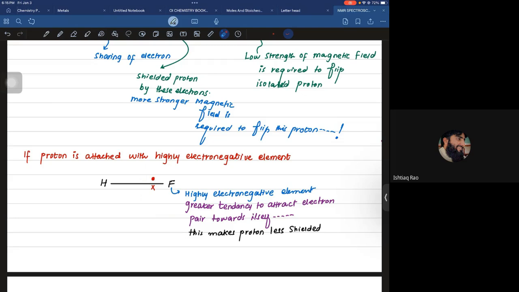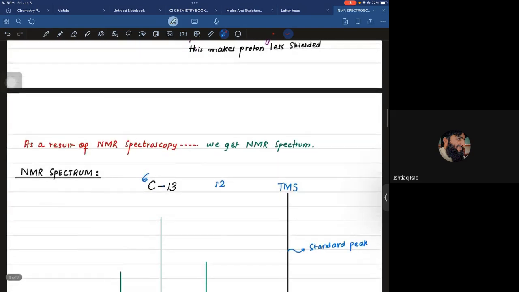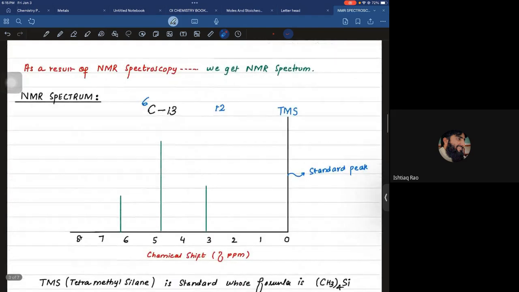And basically there are two types of NMR spectroscopy that we will be studying. Number one is carbon NMR, and the next one is proton NMR. Also, I told you some elements are NMR inactive, those which have an even number of protons.